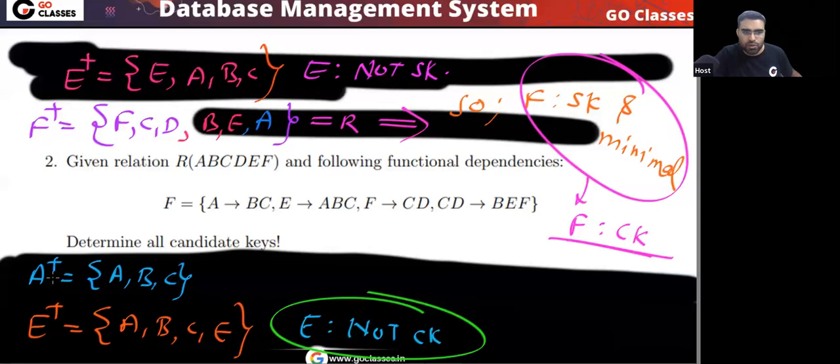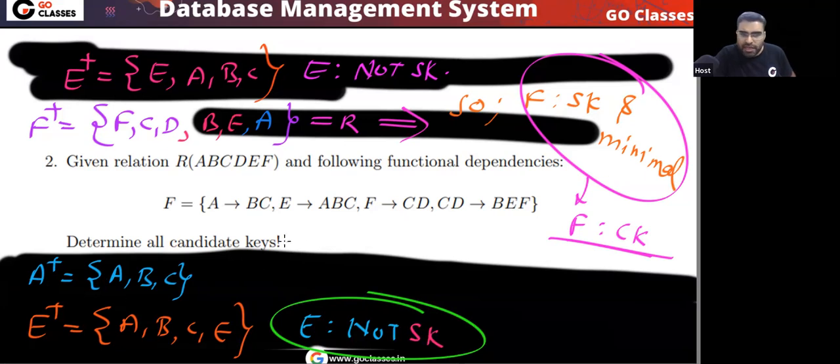Anyway, let's come to this question. In the individual attributes, what do you not have to check? Remember, E is not a super key.